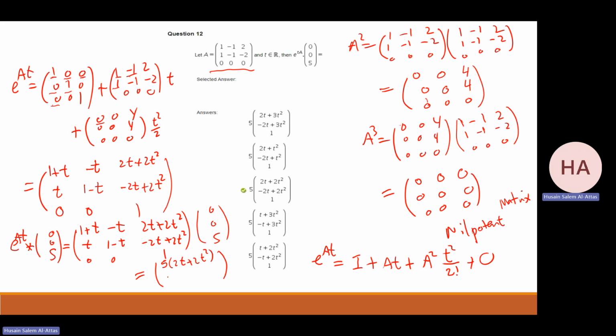Second row, 5 times the last column, and the same thing, 5 times 1. So I can take 5 as a common factor: 2t plus 2t squared, minus 2t plus 2t squared, and 1. And this is the answer.